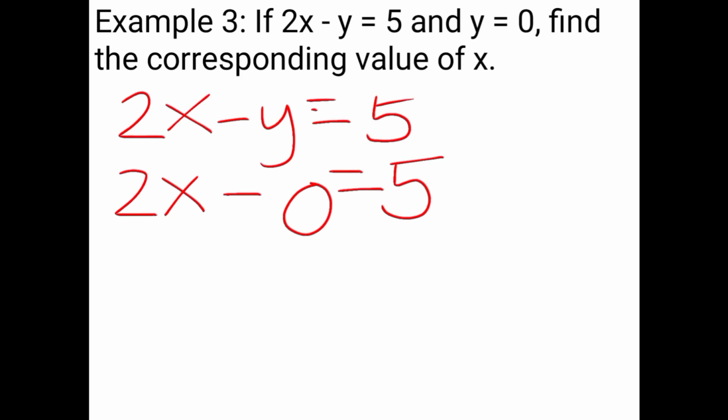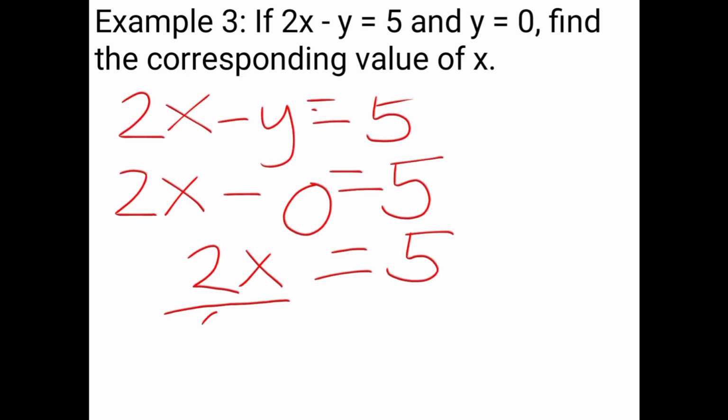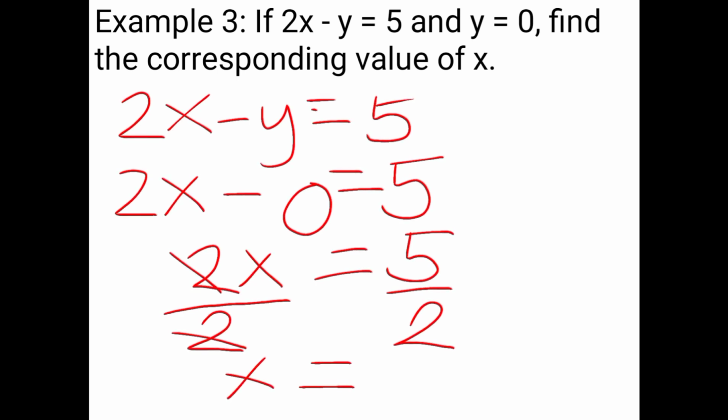Since we are looking for the value of x, 2x minus 0 is obviously 2x equals 5. Then by the division property of equality, we can divide both sides by 2. Therefore, x has the value of 5 over 2.